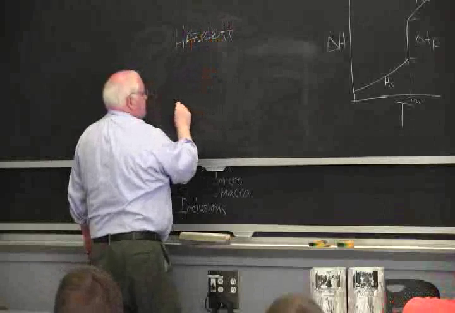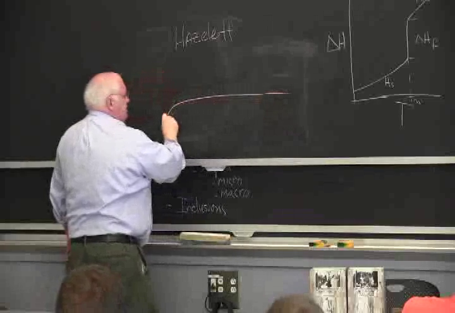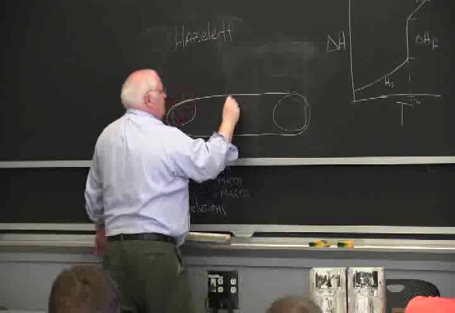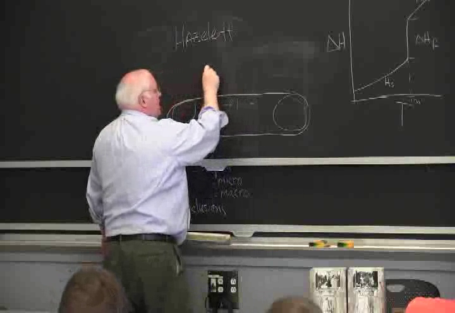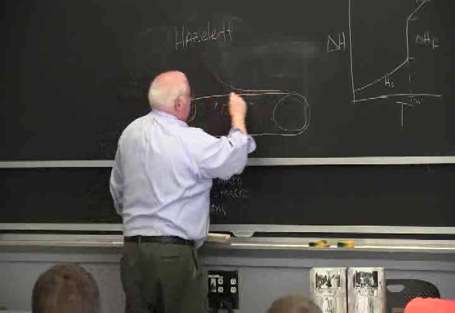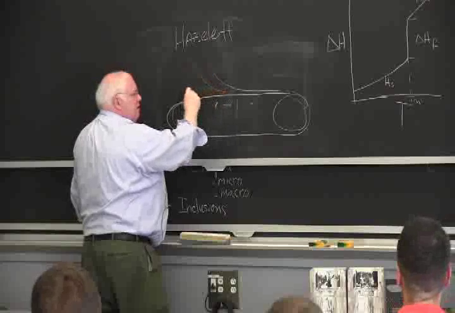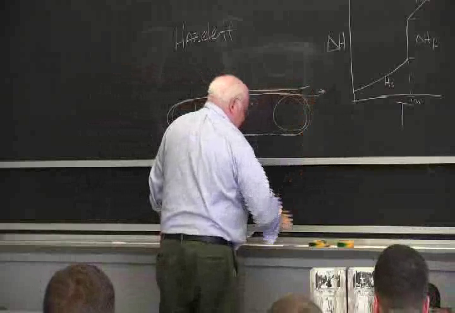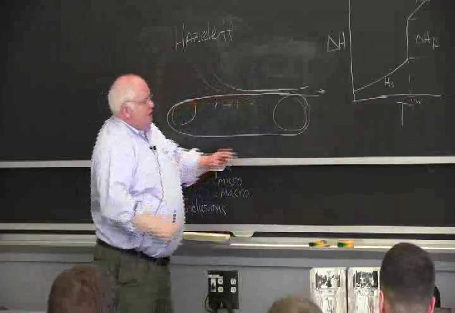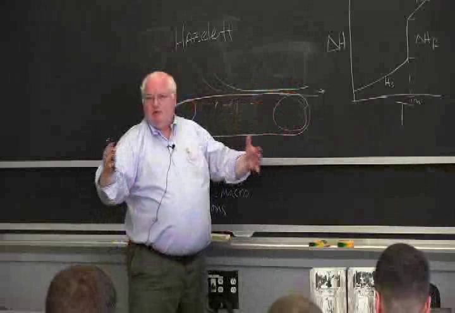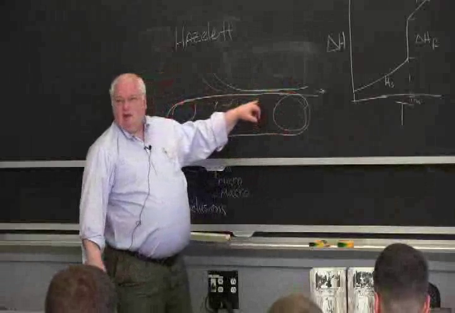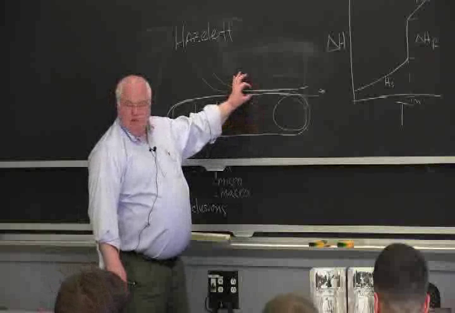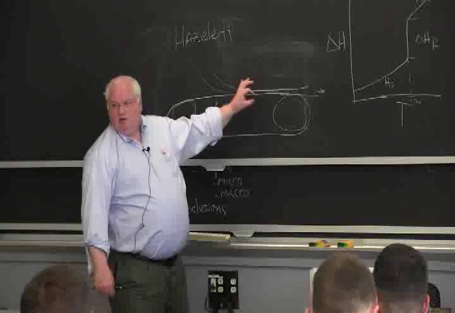And the Hazelett Company basically takes a big wide steel band on rollers, and they water cool it with a water spray on the backside, and they have another steel band coming in like this, and they pour molten copper on here, and sheets of copper come out of this thing, water cooled on both sides, about 2 inches thick and about 3 feet wide. The steel band's about 1/8 of an inch thick. Water spray on one side to extract the heat of fusion, and you're basically making copper 2 inches thick.